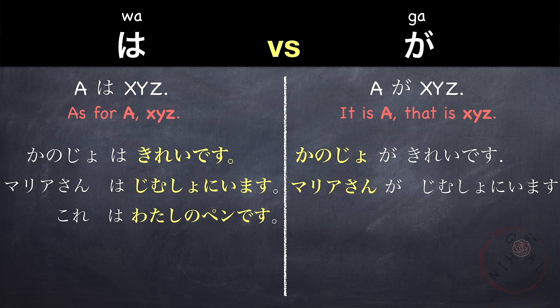Another example, これは私のペンです. The speaker is showing that, oh, this is my pen. Maybe the speaker is holding the pen and explaining that it's his or hers. 私のペンです. So the focus is on the information that it is their pen.